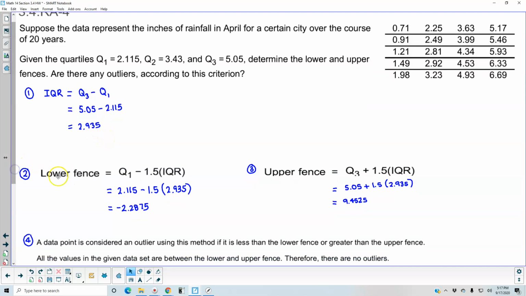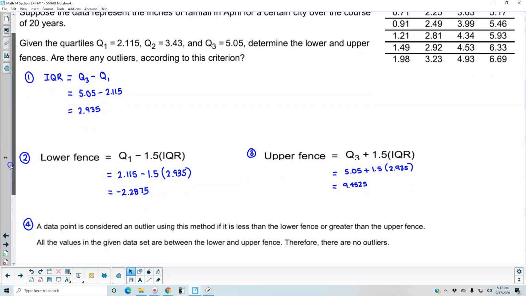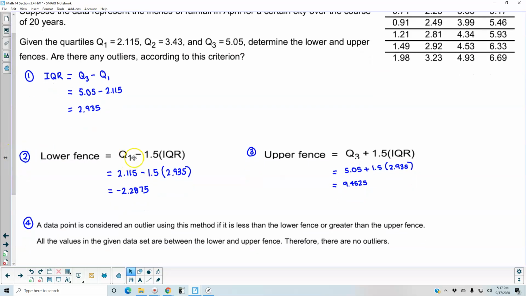Now, in order to find the lower fence and the upper fence, the lower fence is taking quartile 1 and subtracting 1.5 times the interquartile range. So quartile 1 is 2.115 minus 1.5 times the interquartile range of 2.935, and we get negative 2.2875.